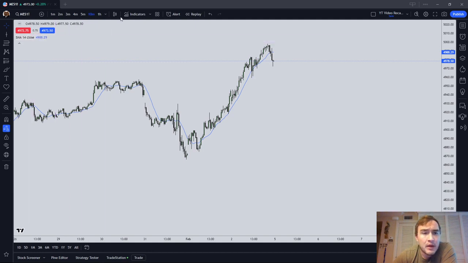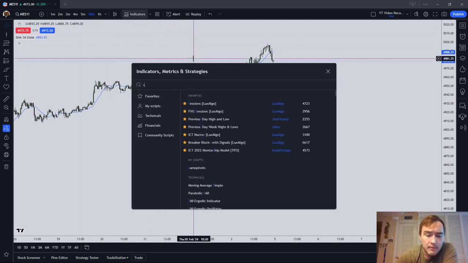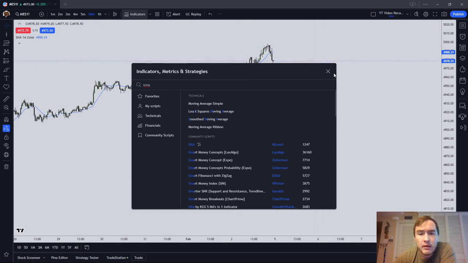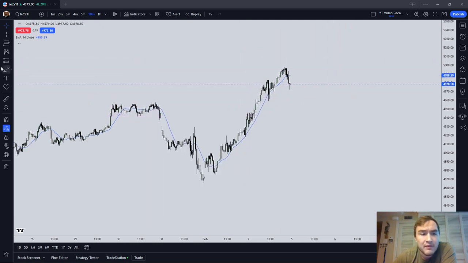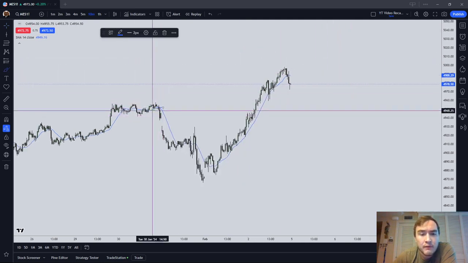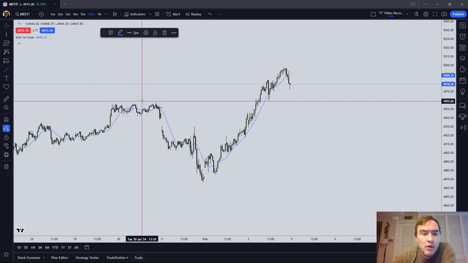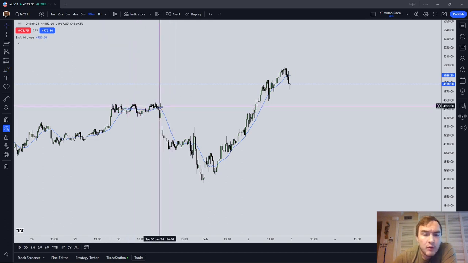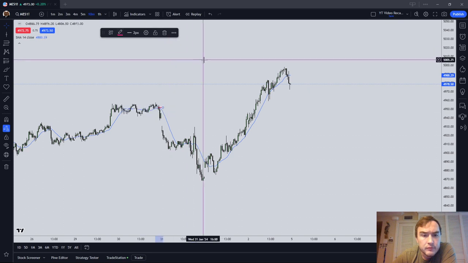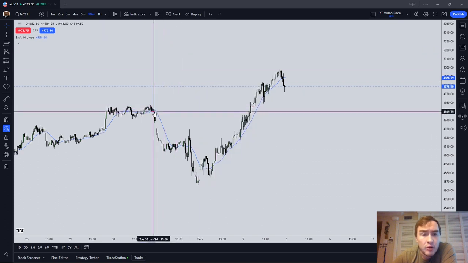The second way that people will use a moving average is whether the price itself has just crossed above or below a moving average. So you would first look at whether the market is currently trading above or below the moving average.